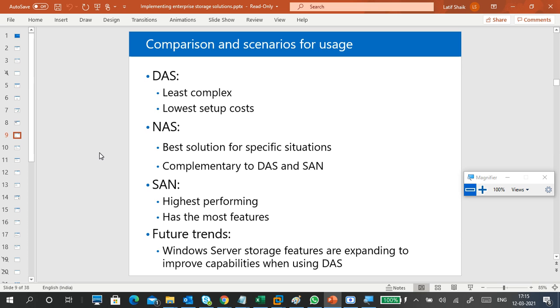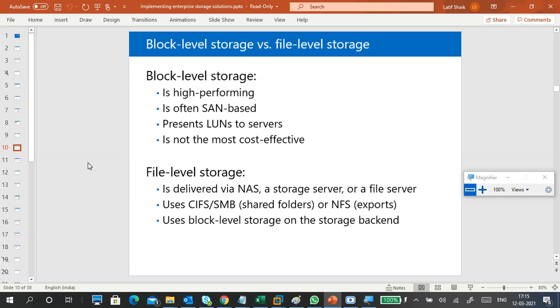But SAN is a complex one, high performance, but more cost. It presents LUNs to the server, not cost effective.